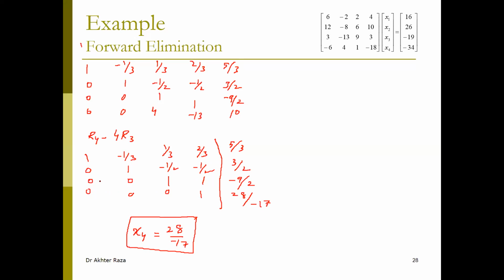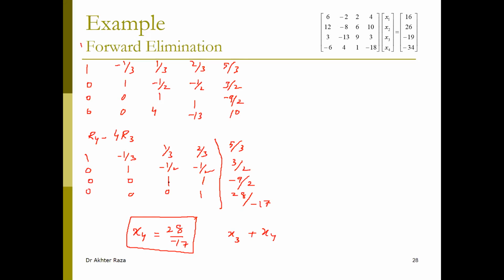Now, if I multiply 0x1 plus 0x2 plus 1x3, 1x3 means the x3, and then plus x4 because this is 1x4.